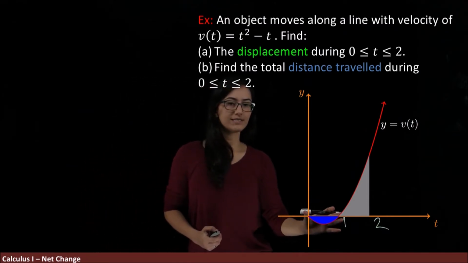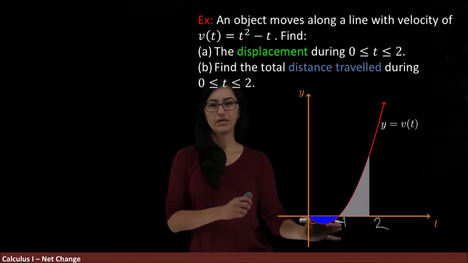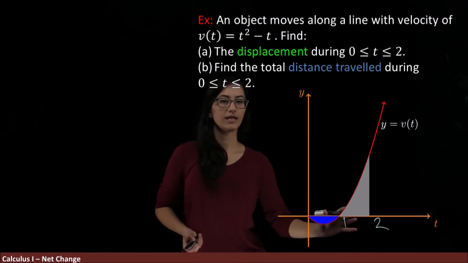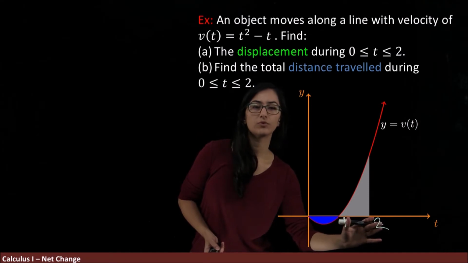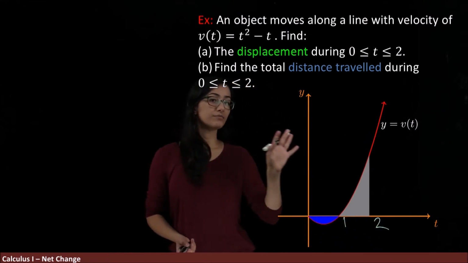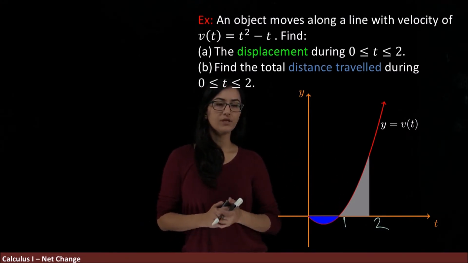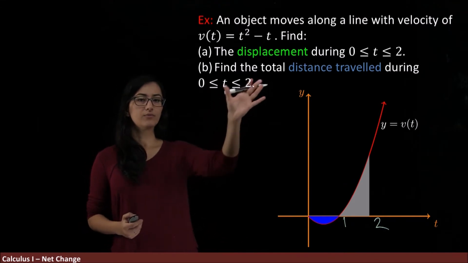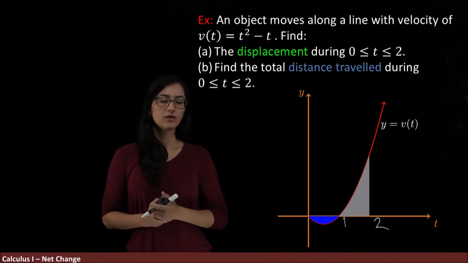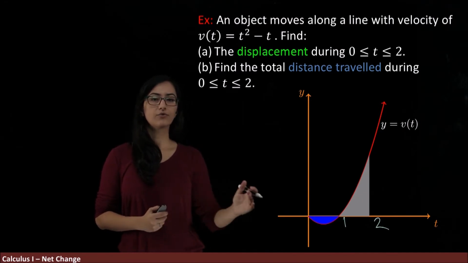So the first second, the velocity is negative, which means that the object is moving in the negative direction. And from t equals 1 to t equals 2, the velocity is positive, which means that the object just turned around and started moving in the opposite direction. So here, if you want to find the displacement, the displacement is going to be the integral of the velocity from 0 to 2.